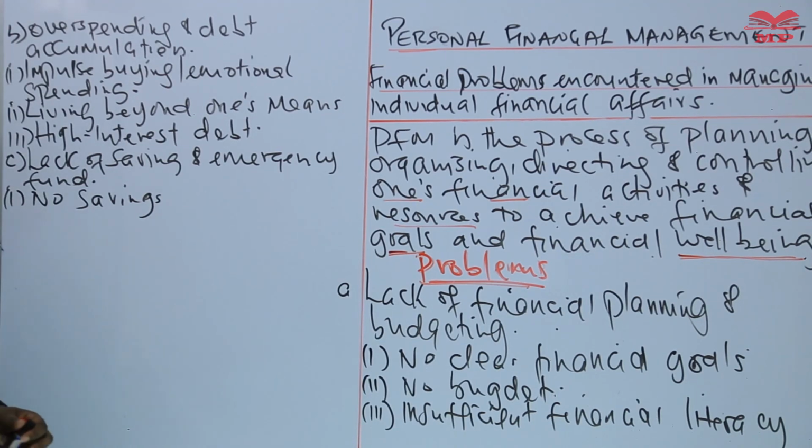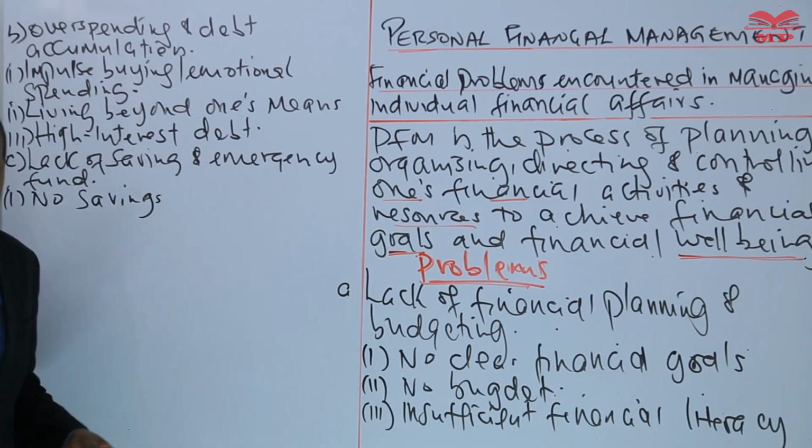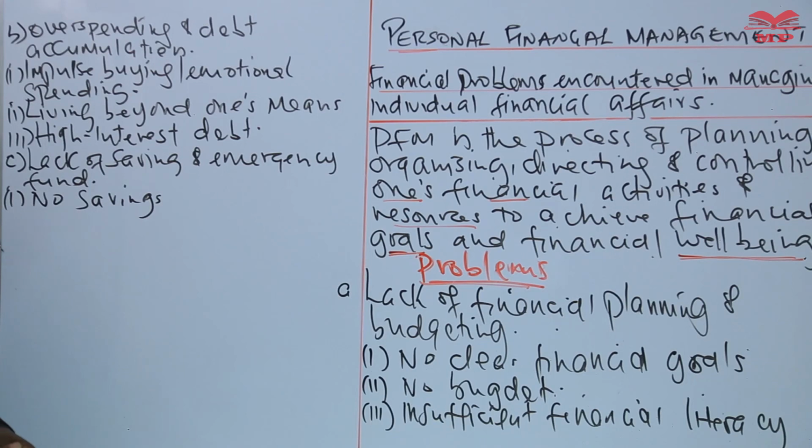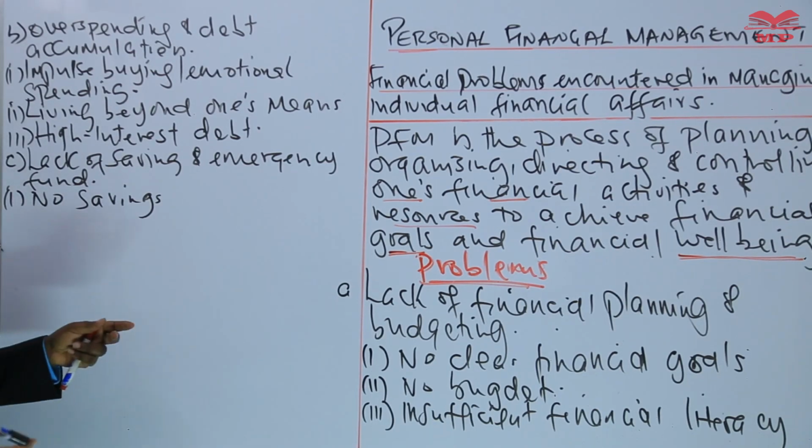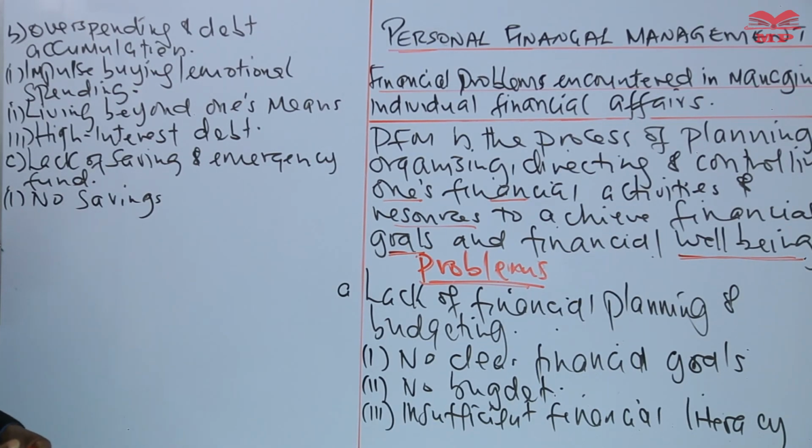In life, there are certain events that may demand that individuals spend beyond their budget. There are events that may happen, like sicknesses, like deaths, and so on, which may require individuals to raise money in order to meet such needs or expenses.